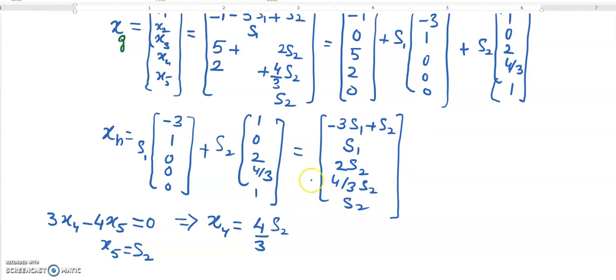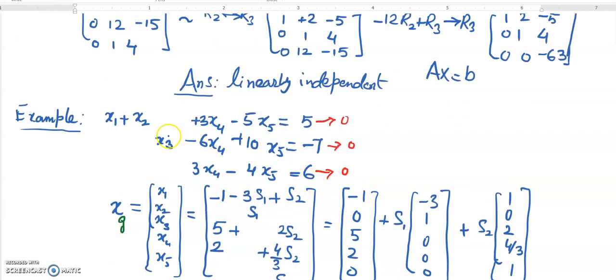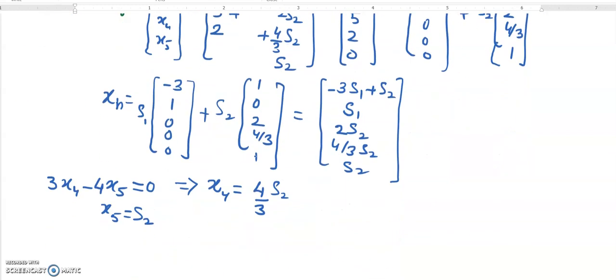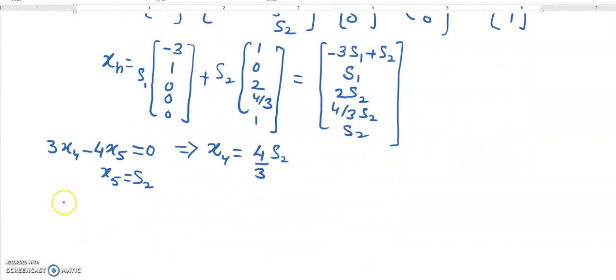Okay, so from the previous equation we can take x3 minus 6x4 plus 10x5. So x3 minus 6 times x4, which is now 4 by 3 s2, and it was plus 10x5. 10x5 was also s2, is equal to 0.